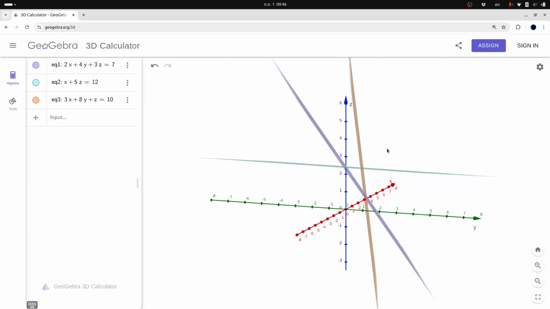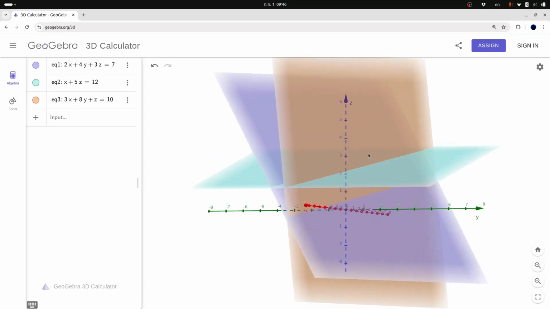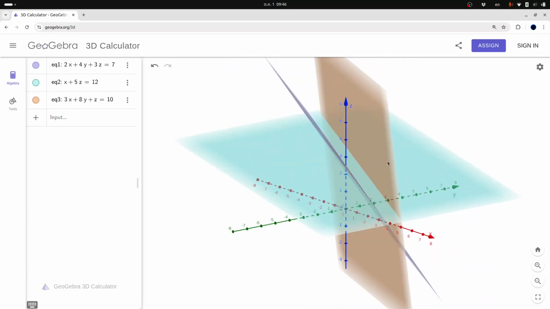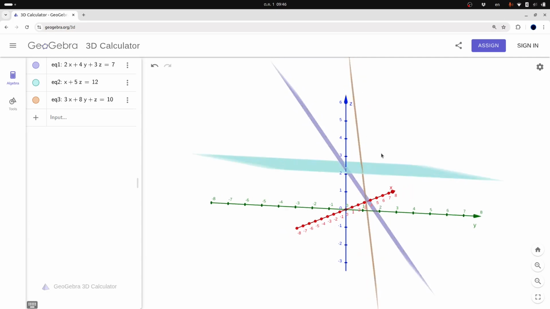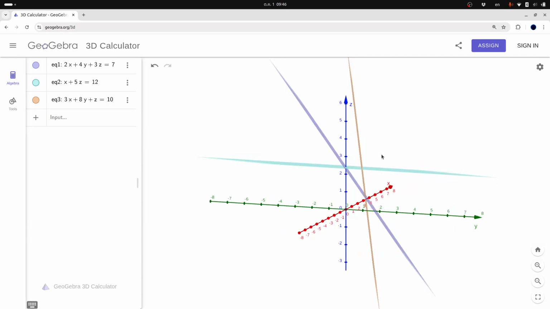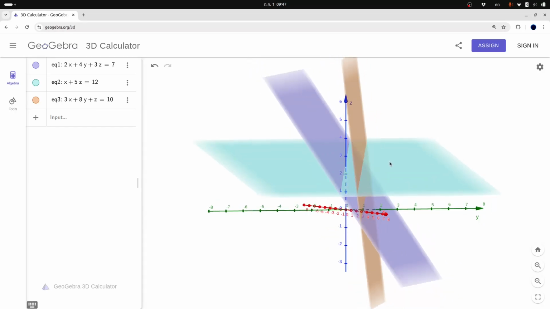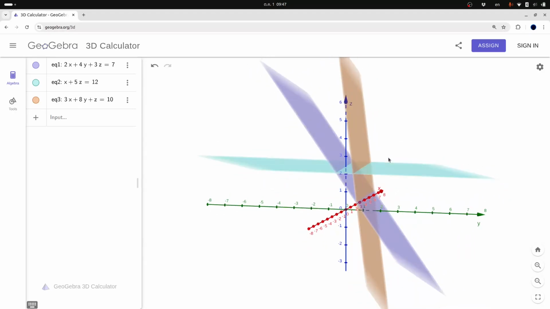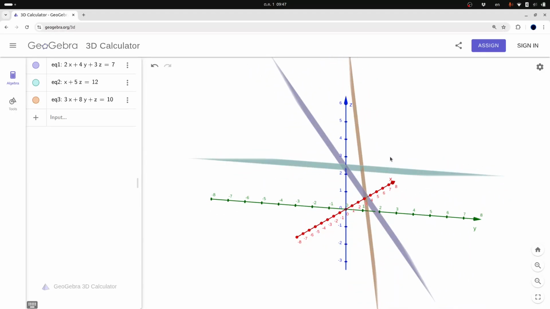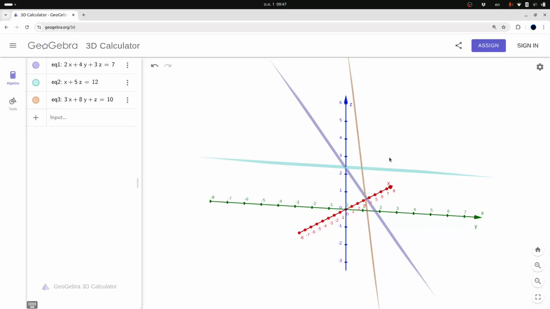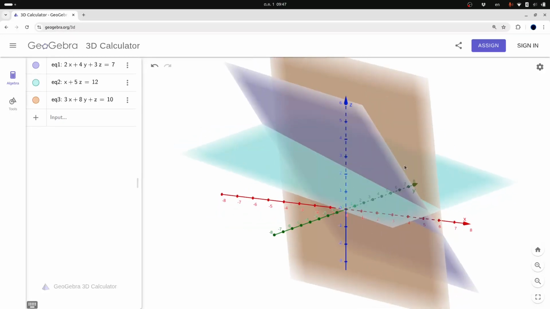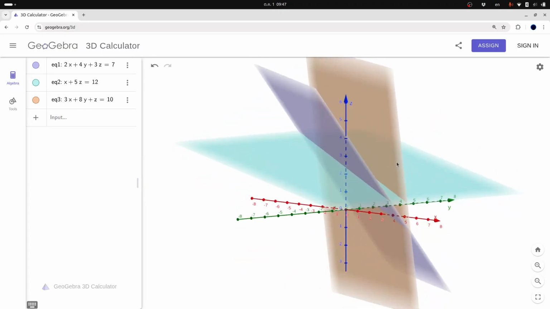So there's no intersecting point, because the intersection between two of the planes is a line, and they are all in parallel. You can see there's no intersection anywhere because it's completely parallel. Okay, so this is the case when there's no solution.